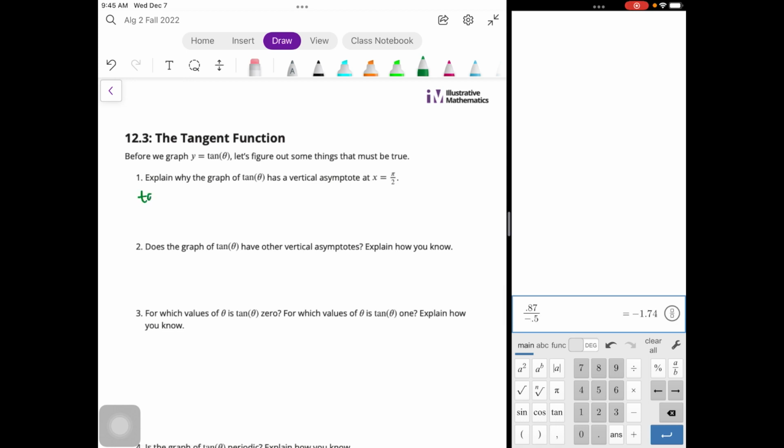Again, remember that tangent of theta is sine of theta over cosine of theta. So that means that the tangent of pi over 2 is equal to the sine of pi over 2 over the cosine of pi over 2. And that's the same thing as 1 over 0, which is undefined.